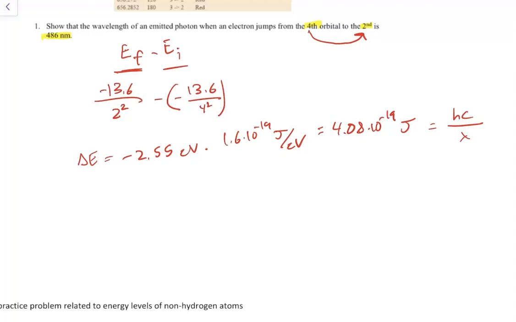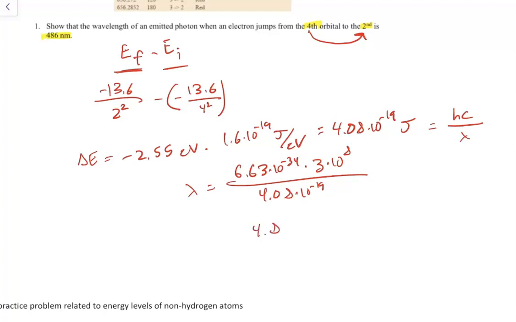I want to solve for lambda, so lambda is equal to h, 6.63 times 10 to the negative 34, times c, 3 times 10 to the 8, divided by my energy, 4.08 times 10 to the negative 19th. If I plug this in, I get 4.88 times 10 to the negative 7, which is close enough to 486 nanometers.